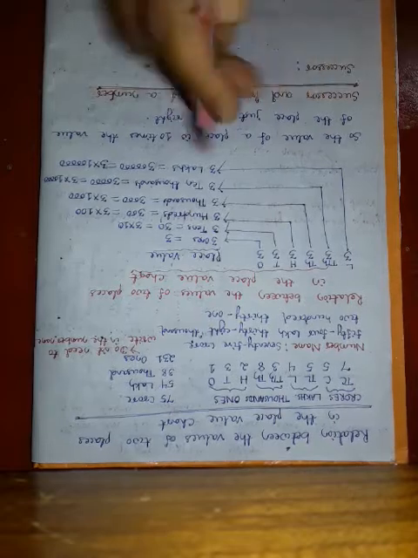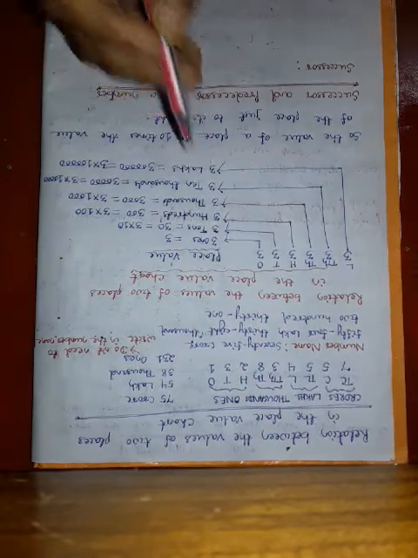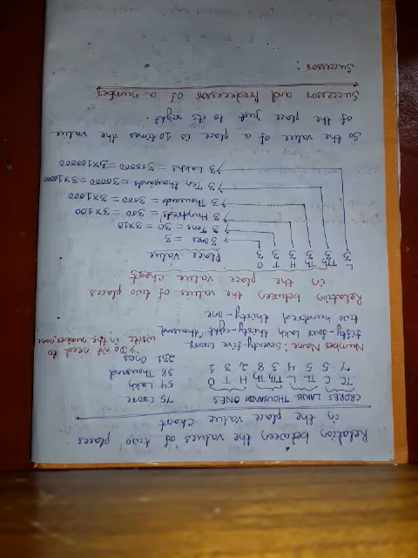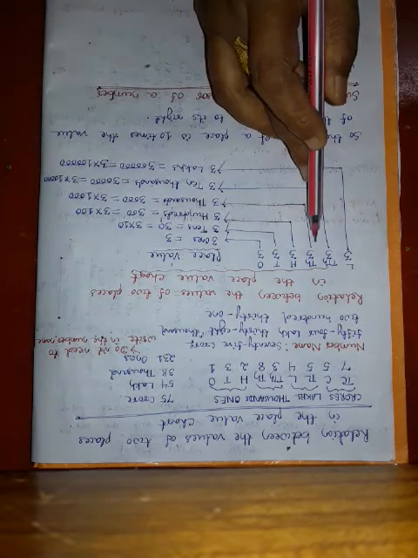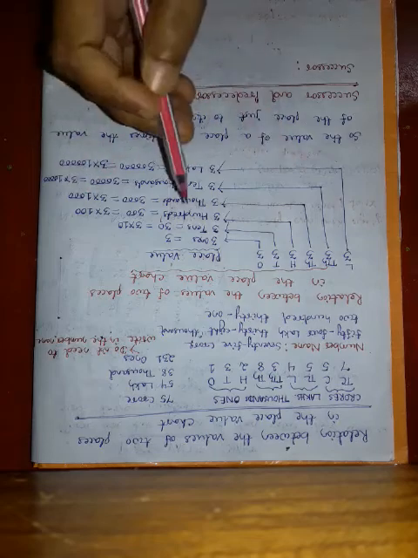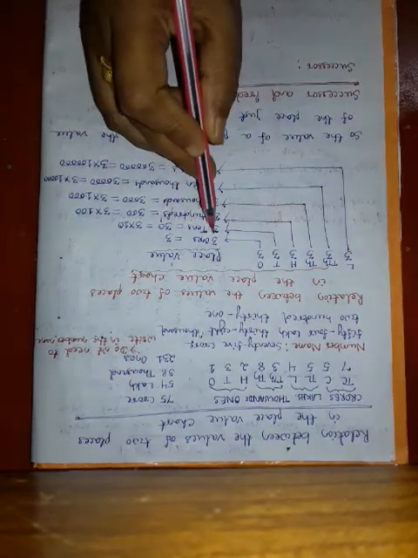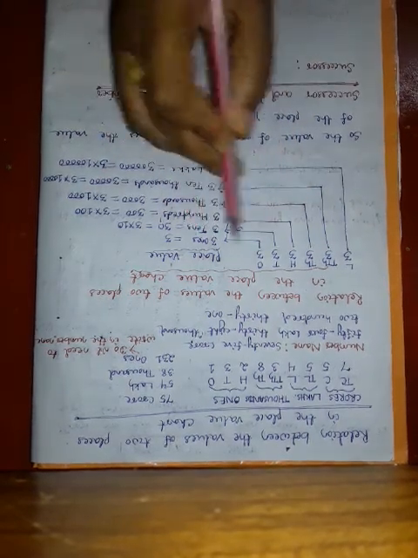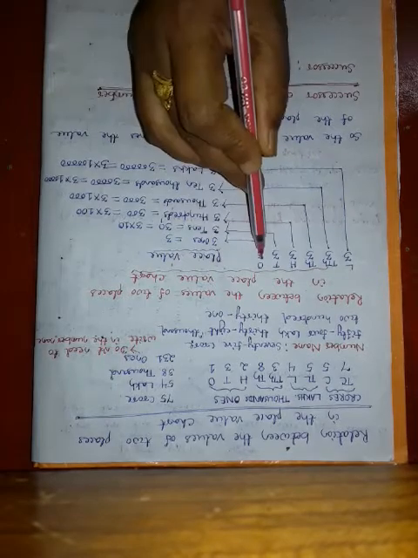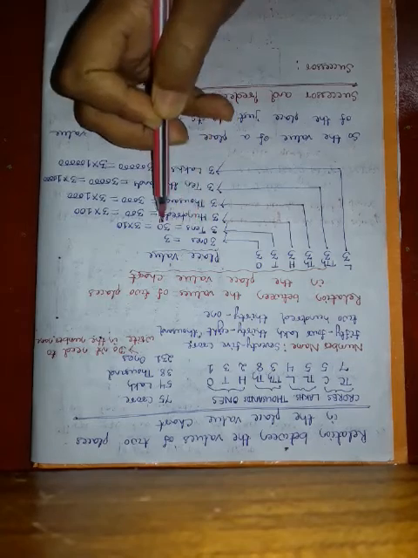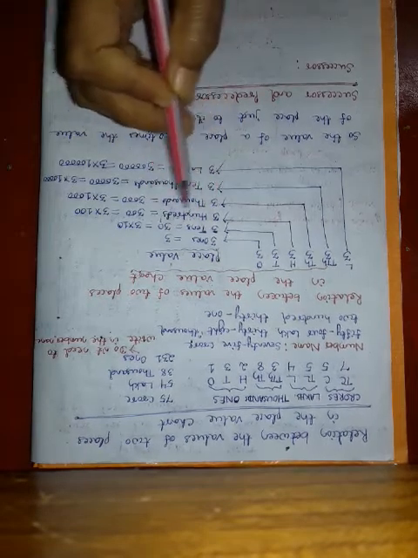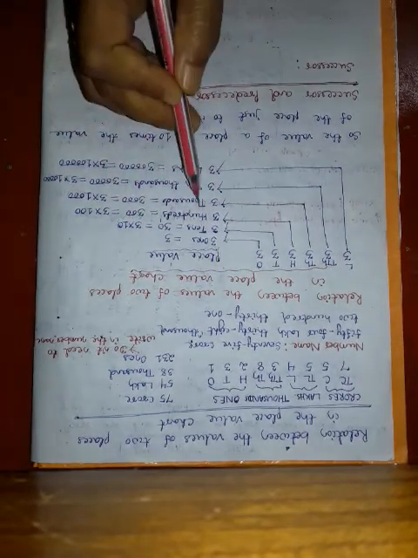Then let us see the place value. I told in the previous lecture how to calculate the place value of a digit in the place value chart. This is 3 ones because ones is the name of the place, equal to 3. 3 tens equal to 30, equal to 3 into 10.